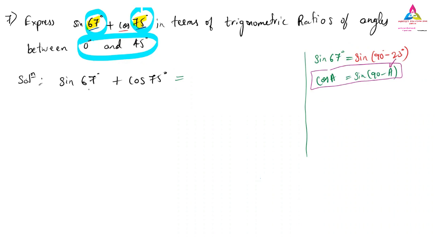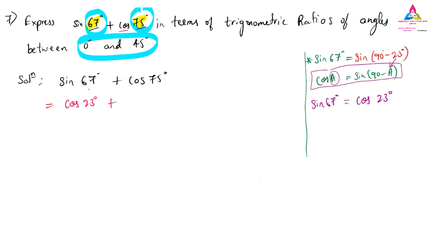The A position is 23, so the A value over here must come as 23. So it is nothing but cos 23 degree. Means sine 67 degree can be written as cos 23 degree, because it is of the sine 90 minus A form. So this is the first one. In place of sine 67, I can write cos 23 degree.